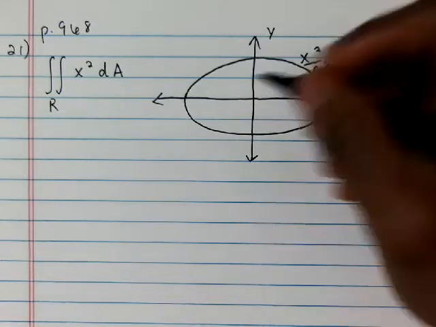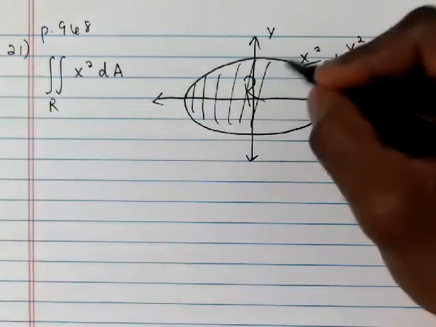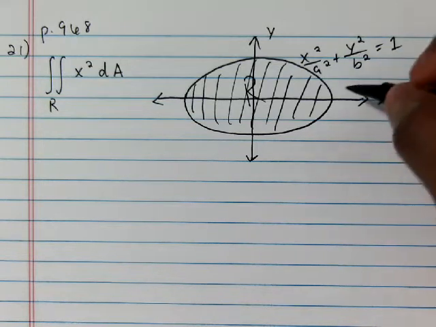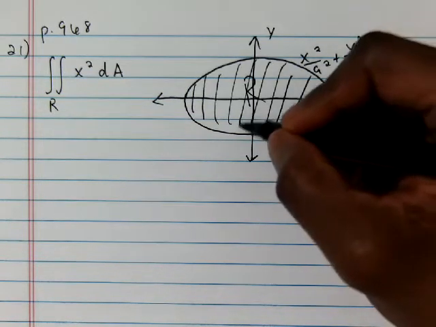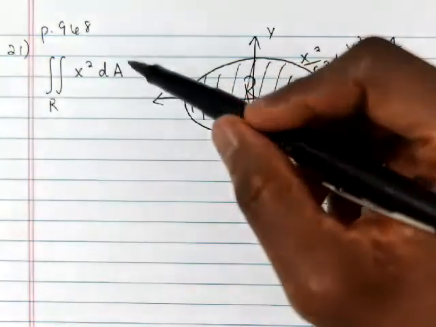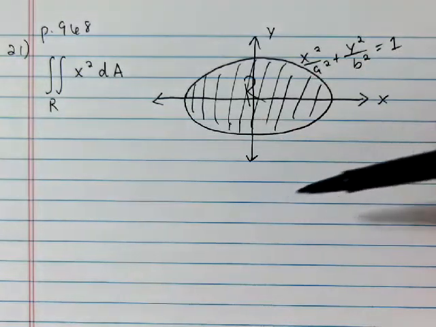So this will be our region R. This region actually is both a type 1 and a type 2 region. So we could try to directly evaluate this integral, but that's not what our directions told us to do. They told us to actually do a change of variables to do it.